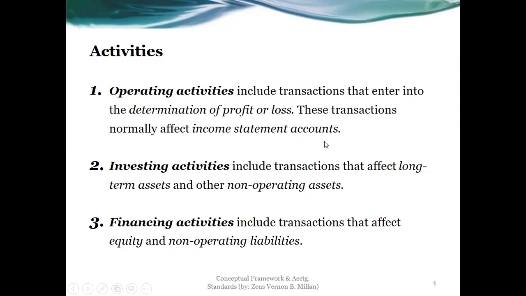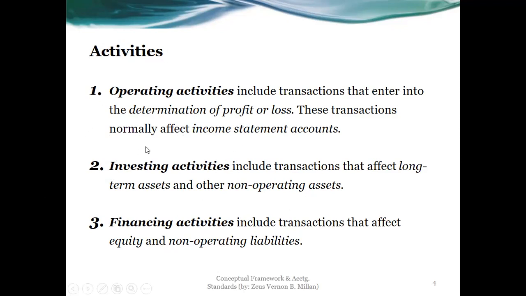Then these transactions normally affect income statement accounts. And that is actually the right thing to think about. So income and expenses, or another term for income again is revenue. Now, there are also some items that may be considered at this point in time, most especially if we prepare a certain statement of cash flows, but that will be tackled as we go along.